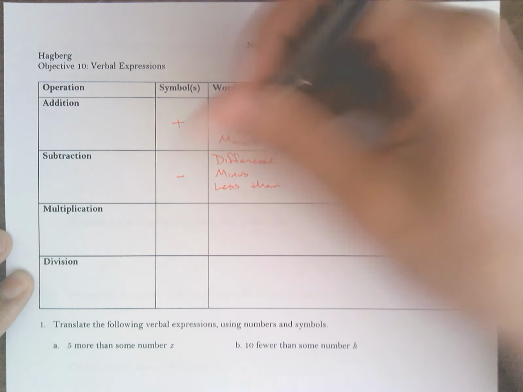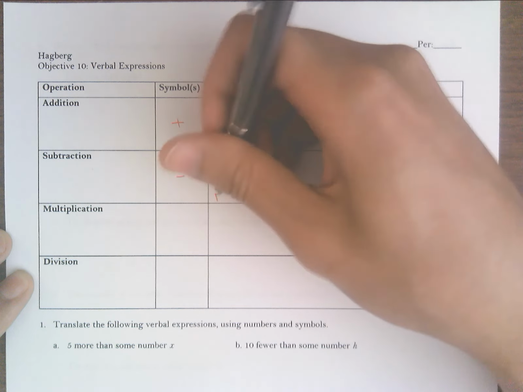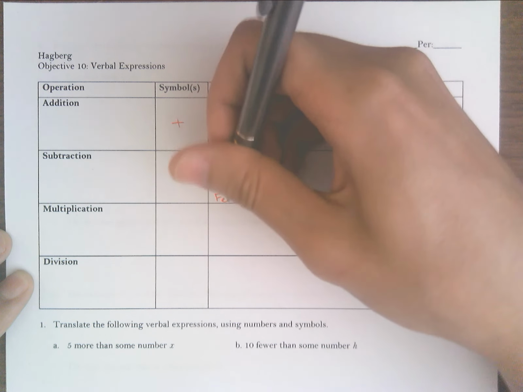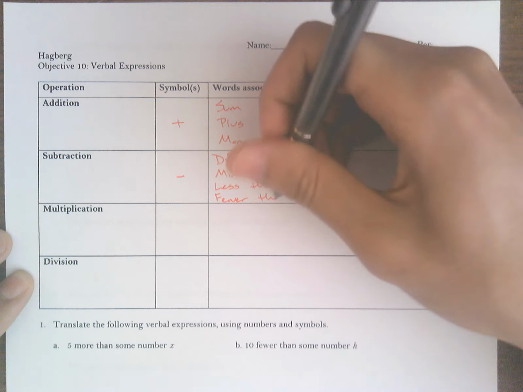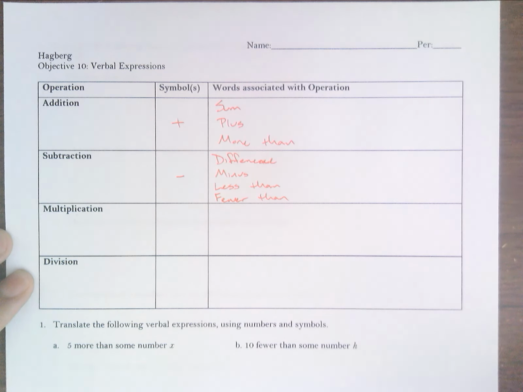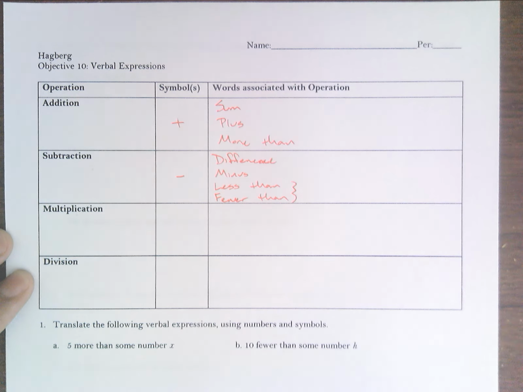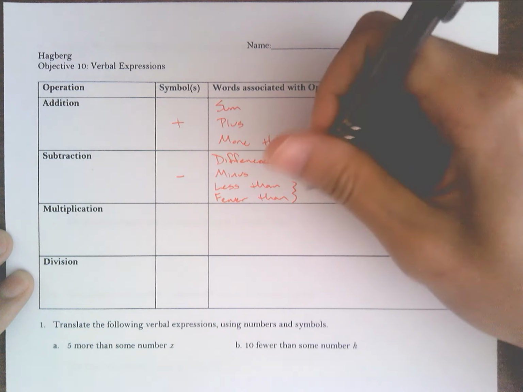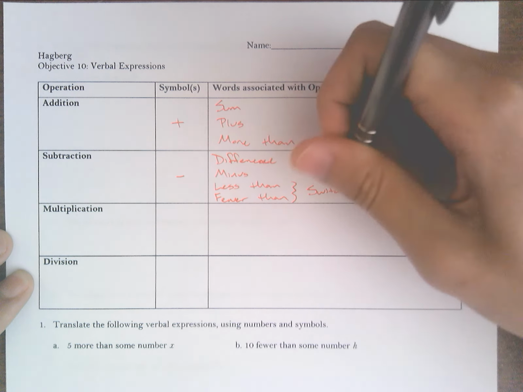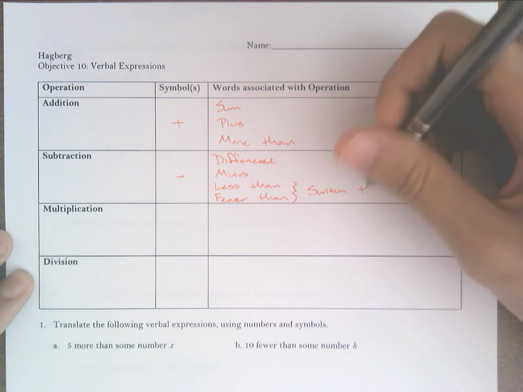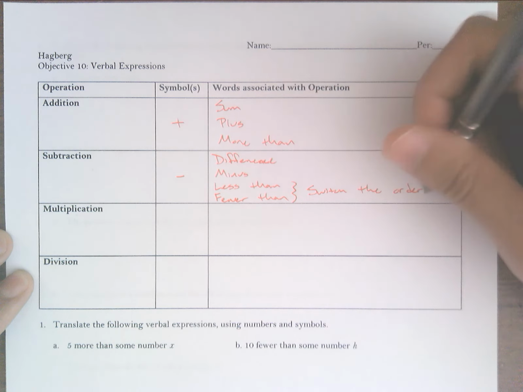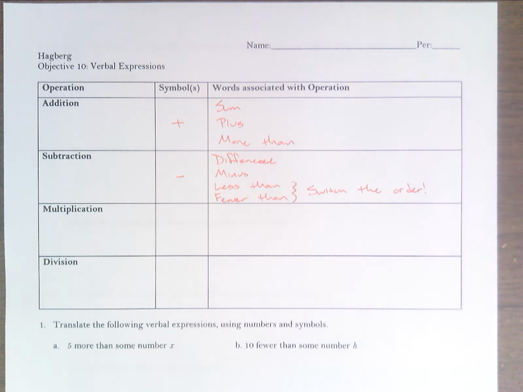So if one quantity is less than another quantity or fewer than, then we're thinking subtraction. A quick note on these two, so you can group these two. Anytime you see less than or fewer than, that means that we should switch the order that it's written in. So switch the order. And you'll see what I mean by that once we see a few examples.